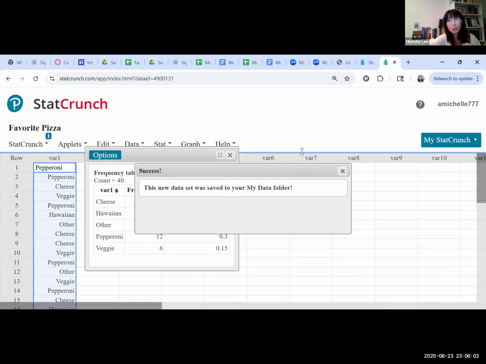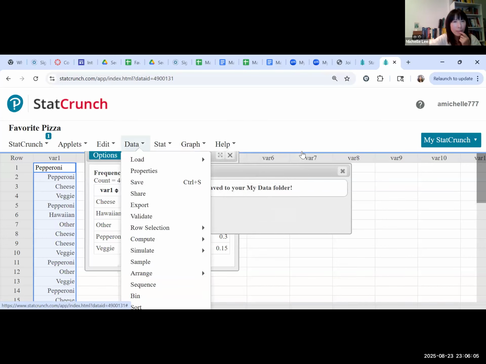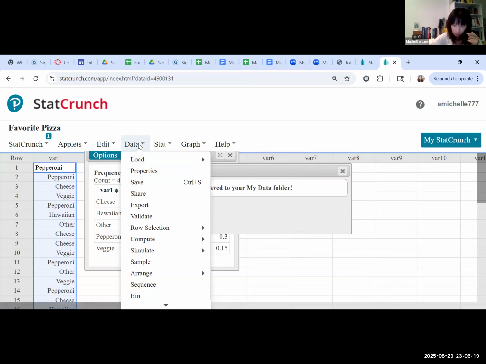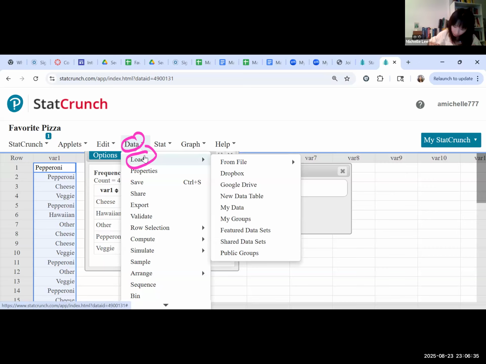So how do you find it? You can go to Data again and then Load, and then there is My Data, right? So let me check that. Data, Load, and then My Data.